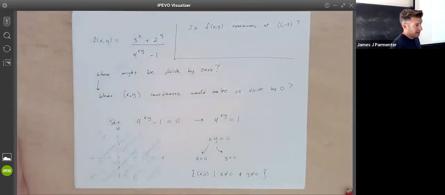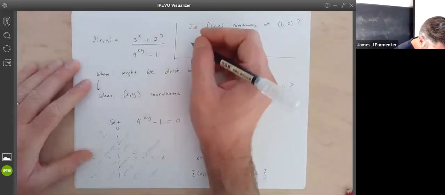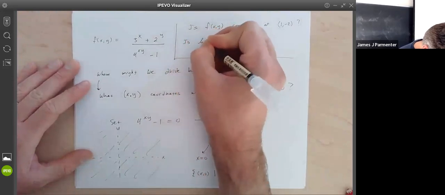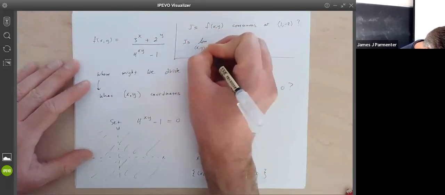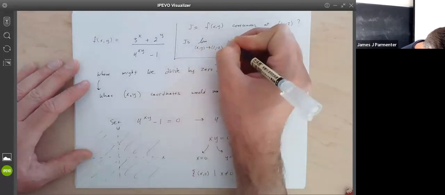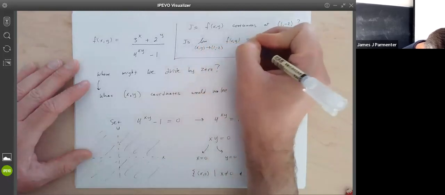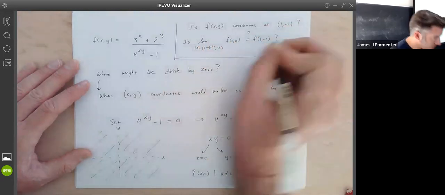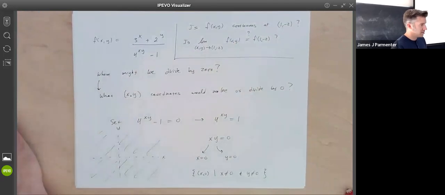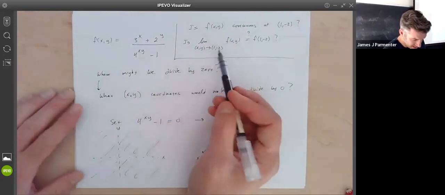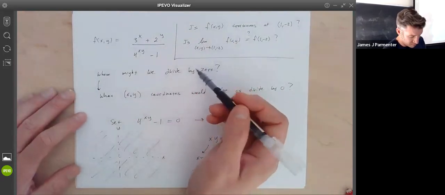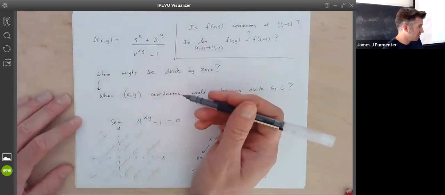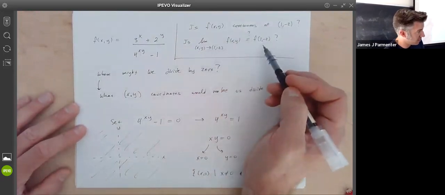Well, it feels like we're going to do the same work twice, because you have to answer the question: is the limit as x, y approaches 1, -2 of f of x, y equal to f of 1, -2? And for the most part, as long as you don't have some weird undefined thing, the answer is going to be yes. Because if I'm trying to take this limit, most of the time what I'm going to do is just plug in the values and see if I get a real number, which is the same thing that's going to happen when I find the function value.